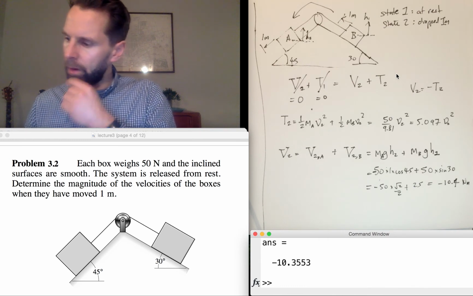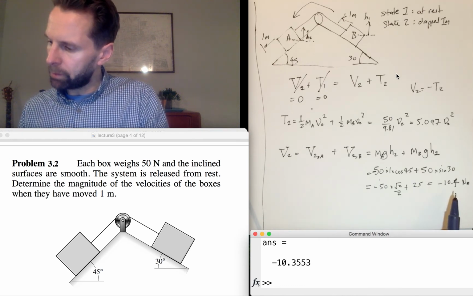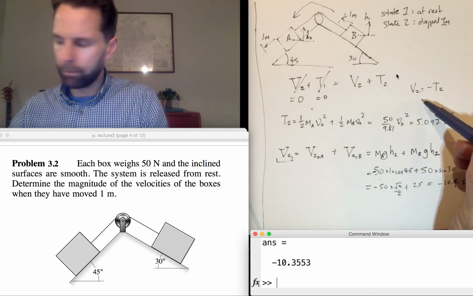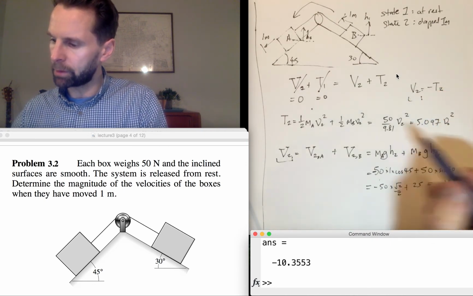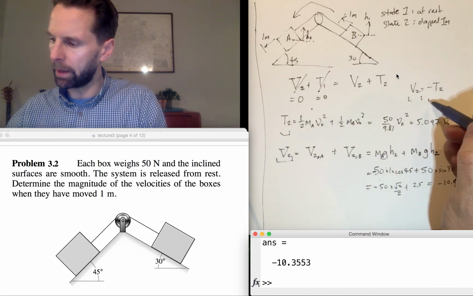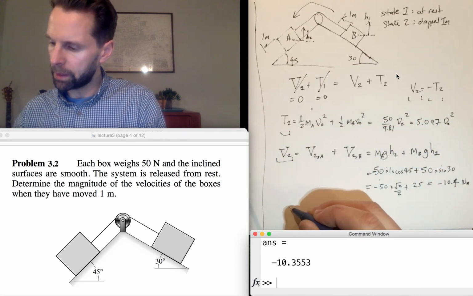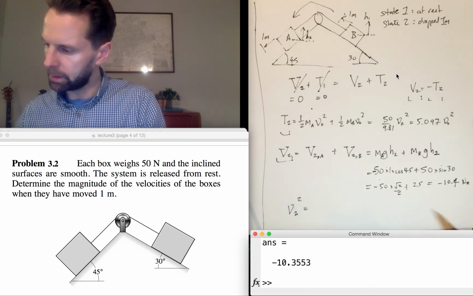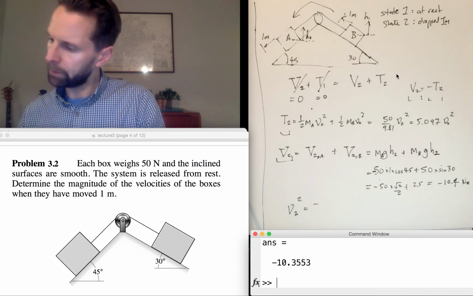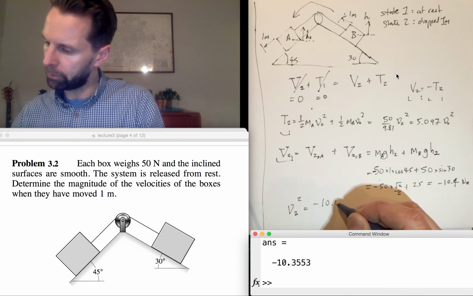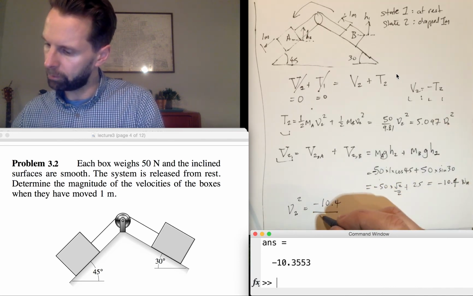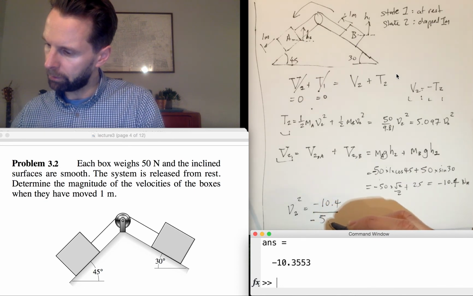Okay, so I hope this is right. Now I've got an expression for V2, which I can put into there, and I've got an expression for T2, which I can put into there. So this tells us that v2 squared is equal to, once you've done the rearrangement, minus 10.4 over minus 5.097.